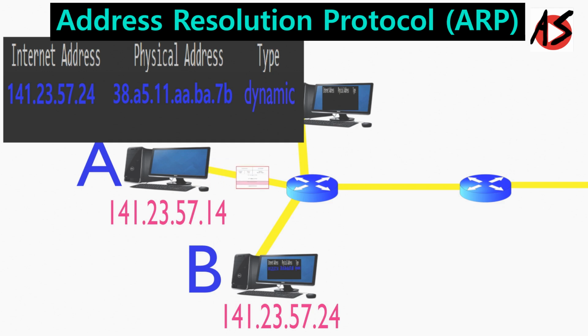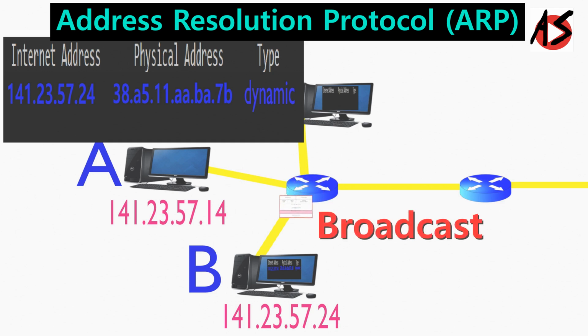Now A can send all the packets it has for this destination using the physical address it received. So we can say an ARP request is broadcast while an ARP reply is unicast.